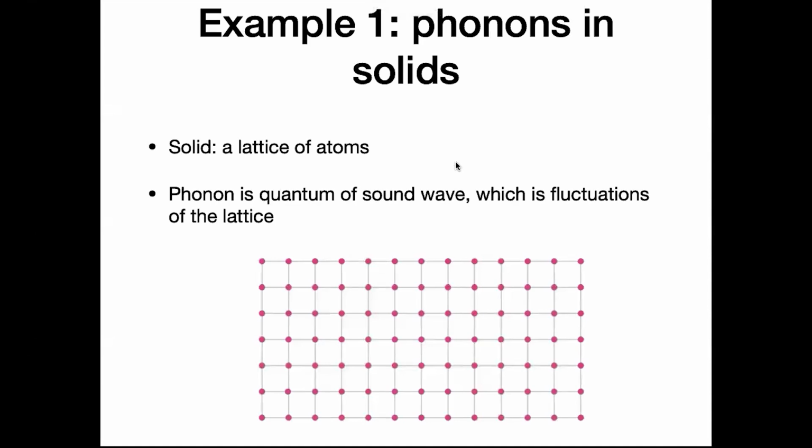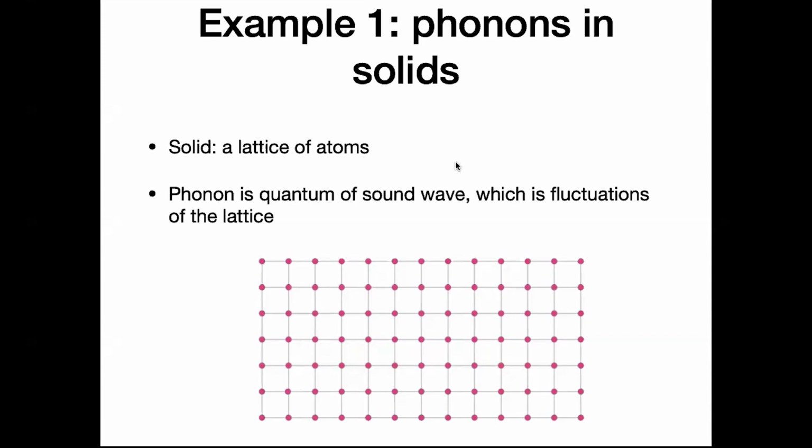Okay, so the first example that we're going to consider is phonons in a solid. If you consider a crystalline solid, it can be represented as a lattice of atoms. Atoms interact with each other, and in minimizing the energy, they want to arrange themselves into a lattice, like the one drawn on this slide. And phonons are the quanta of sound waves, which are the fluctuations of this lattice.